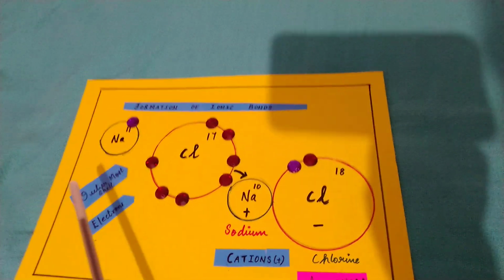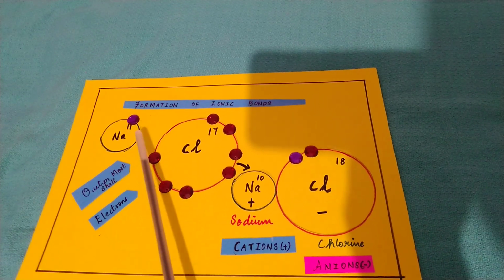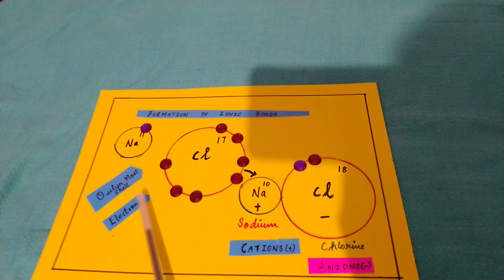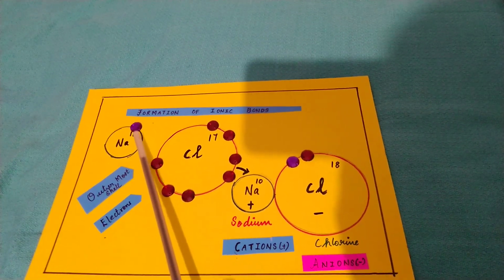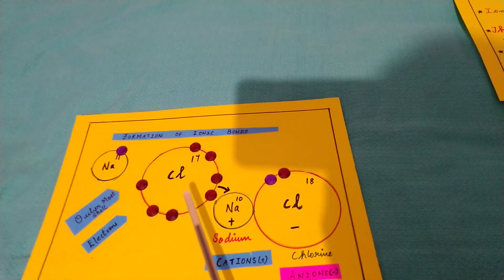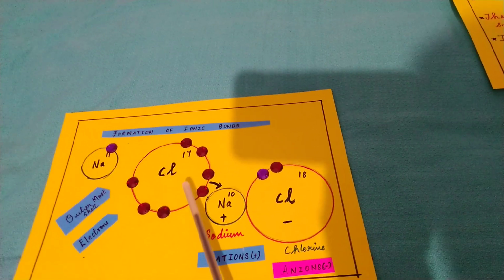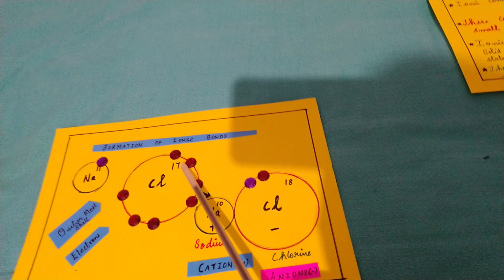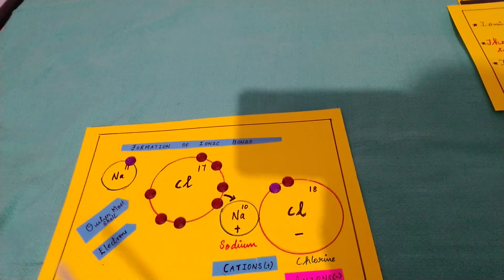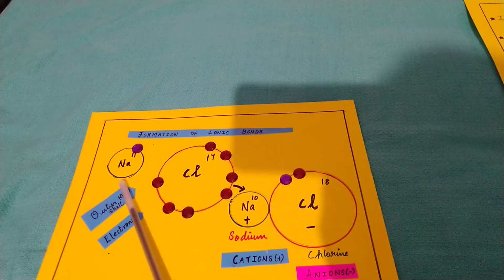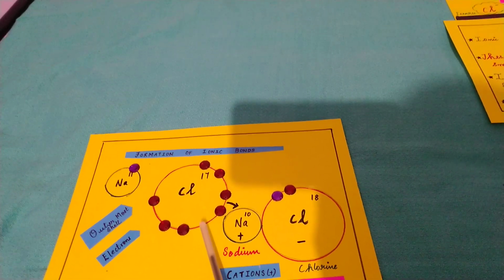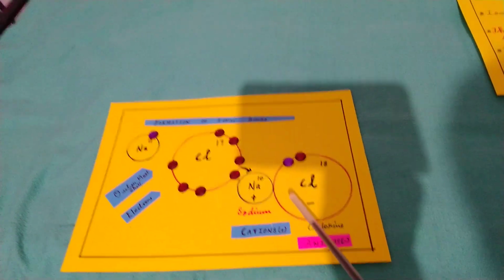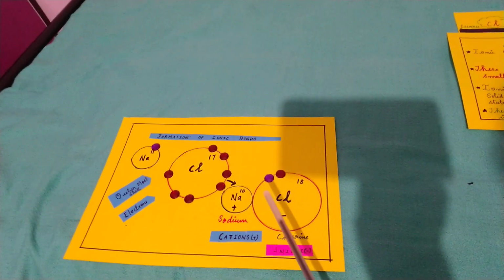Sodium, we know, has atomic number 11, so the outermost shell has 1 electron. Chlorine, with atomic number 17, has 7 electrons in its outermost shell: 2, 8, 7. So sodium has 1 and chlorine has 7. Sodium plus chlorine will form sodium chloride, an ionic compound.